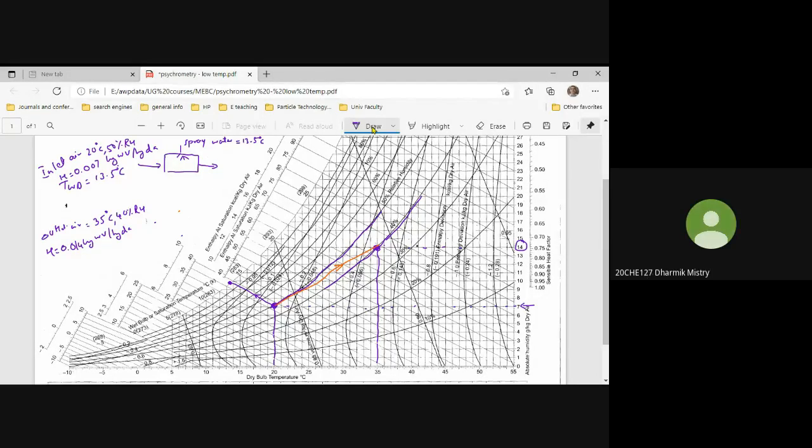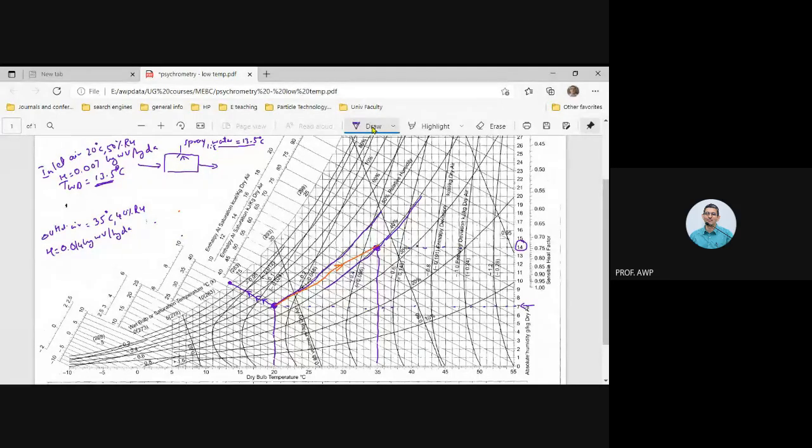Yes, sir. Sir, may you please repeat? So if I spray water at the temperature of the wet bulb of the incoming air, which has a wet bulb temperature of 13.5 degrees centigrade, the air will get humidified and cooled along this wet bulb temperature line.